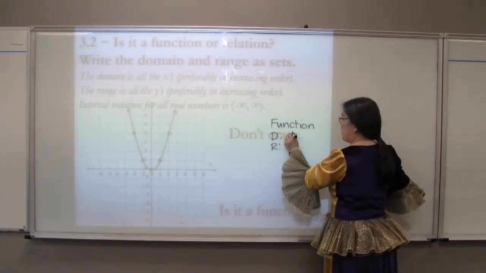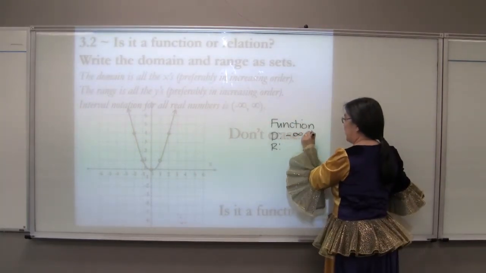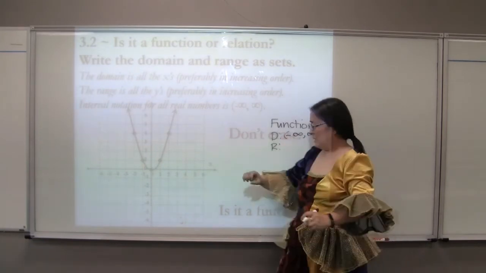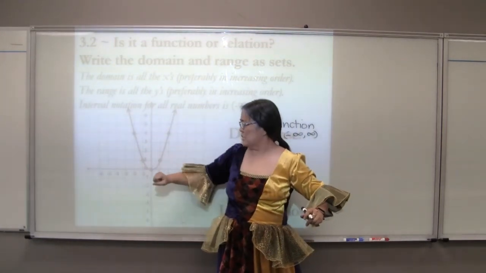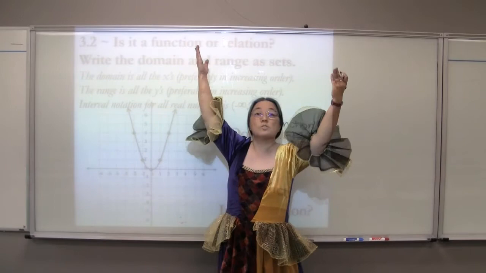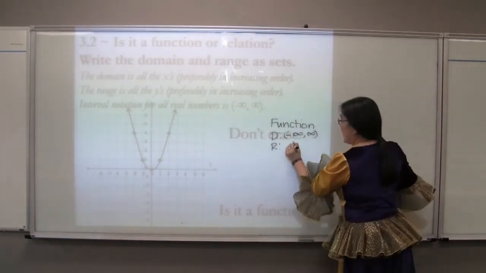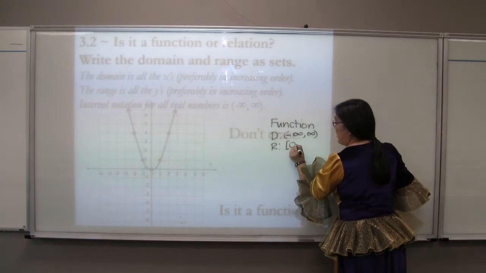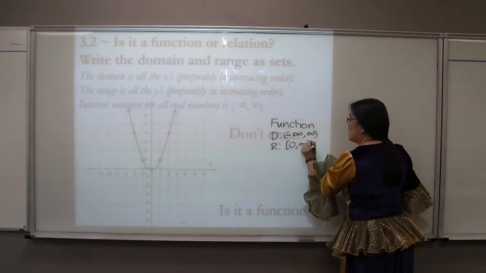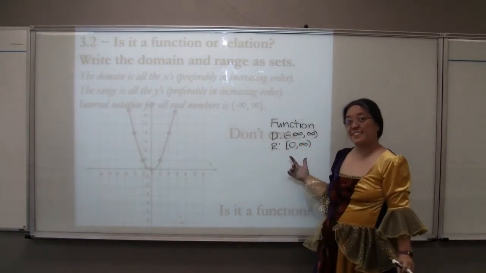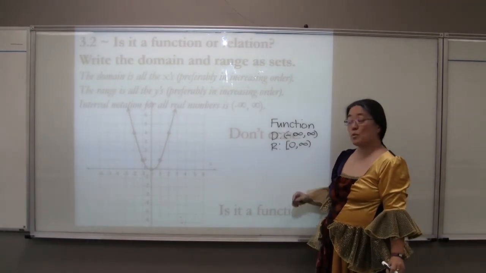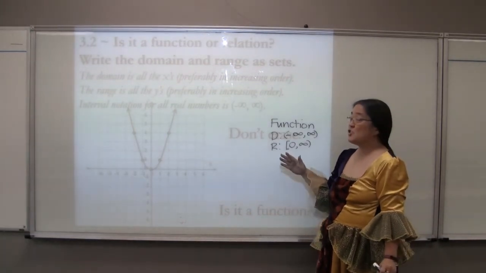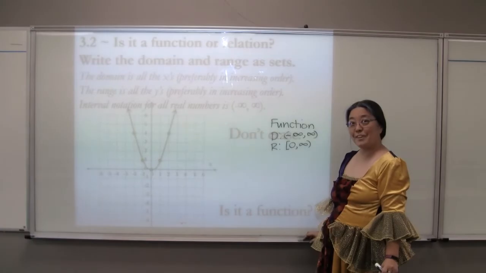Our domain is from negative infinity to positive infinity, but our range starts here at 0 and it goes up. So it starts at 0 and it is a solid equal dot at 0, and then from there it goes up to infinity. That's different. That's a parabola from back in chapter 3, section 1 when we were graphing.